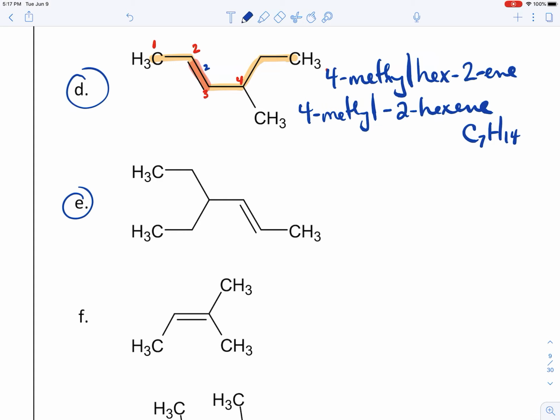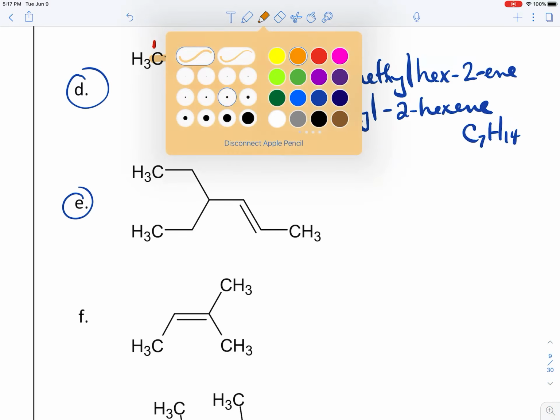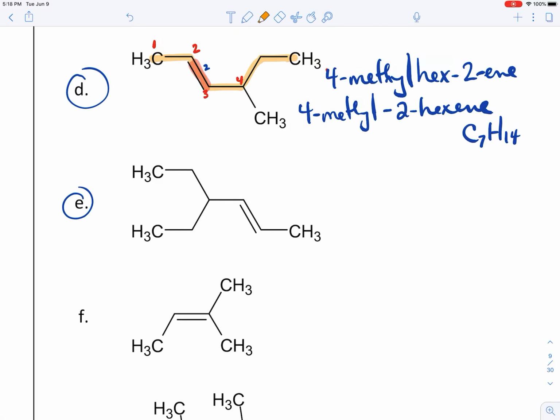Try the fifth example, part E. So the parent chain also needs to include the double bond. So we'll start here and go 1, 2, 3, 4, and you can go either way, 5, 6. So there are 6 carbons again.